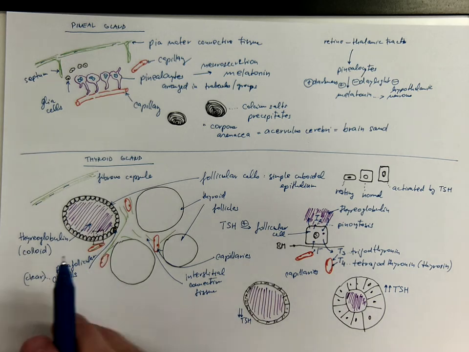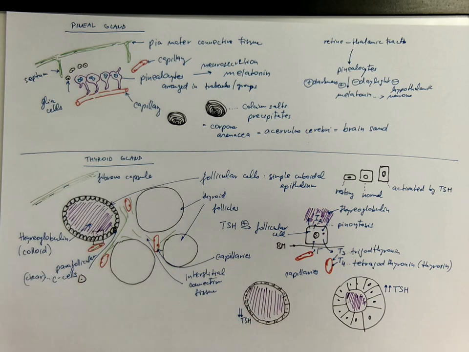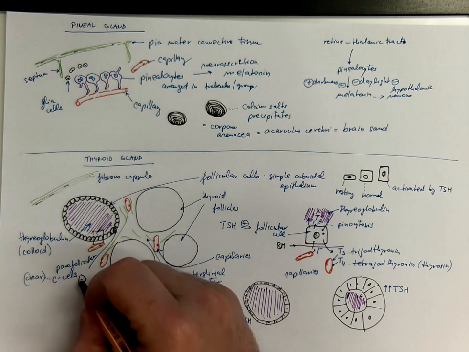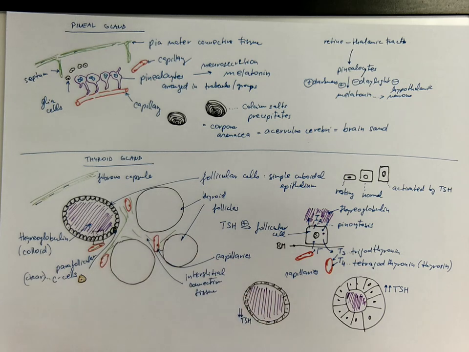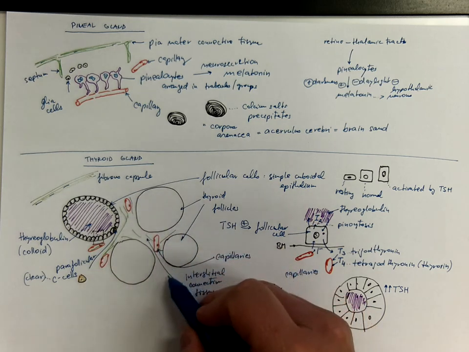Let's go back to the parafollicular cells for a second. They have very clear cytoplasm. And these are individual cells scattered in the follicles.